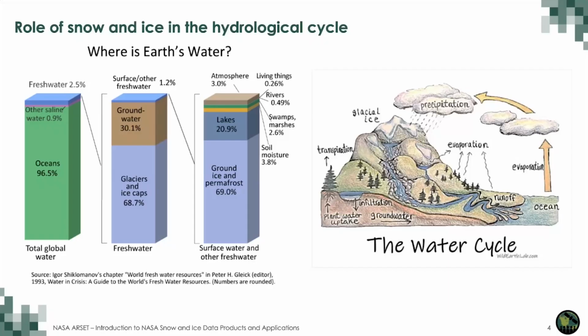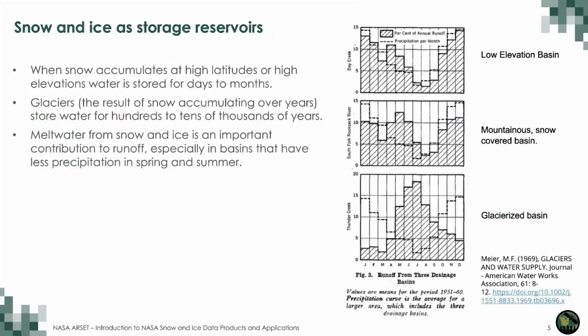So a large amount of the water that we have on Earth is both snow and ice, and is important as a water resource. And I want to demonstrate that in the next two slides. So snow and ice are really natural storage reservoirs. When snow accumulates at high latitudes or high elevations, water can be stored for days to months.